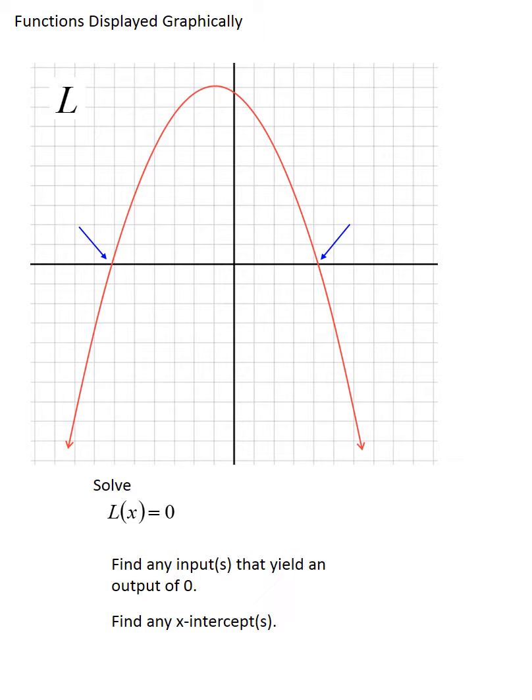Now again, depending on your screen size, you may not be able to see this, but those are not quite whole numbers. So the best we can do is estimate them. Clearly, the one on the right is 4 point something, but 4 point what, we can't tell exactly. So I estimated the one on the right to be 4.2 and the one on the left to be about negative 6.2.